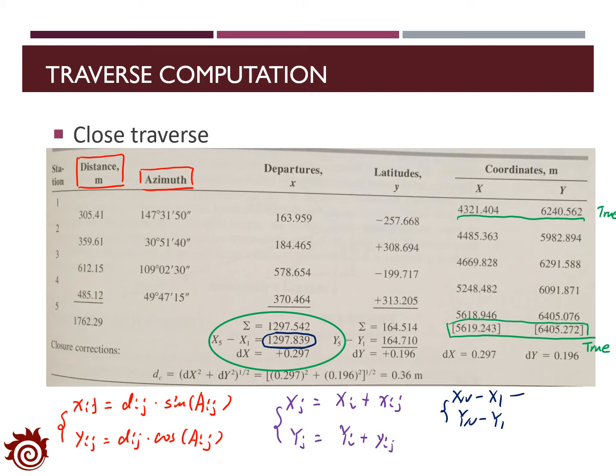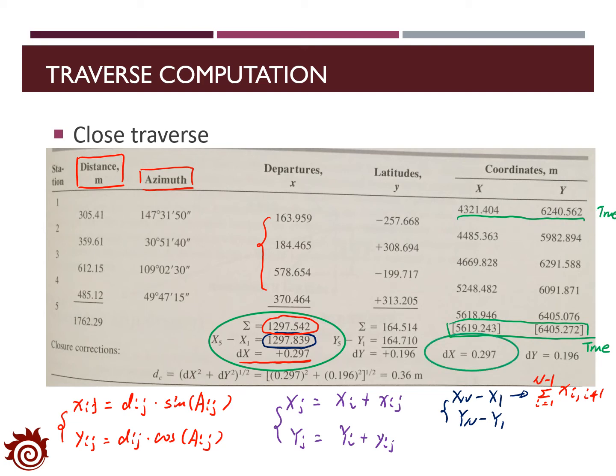Also, for the estimated value, there will be the summation of i from 1 to m minus 1 of x_i,i+1, which is the summation of all the departures, and it will give you the value as 1297.542. This one will give you the error as 0.297. So that's the closure error for the departure.